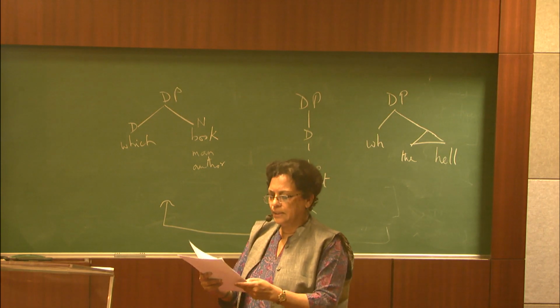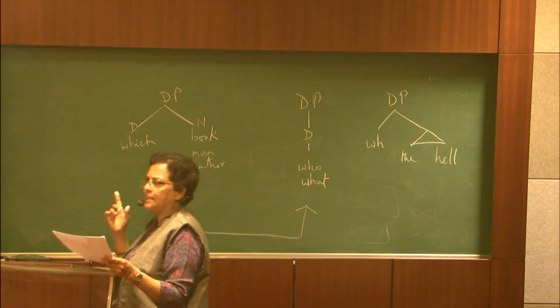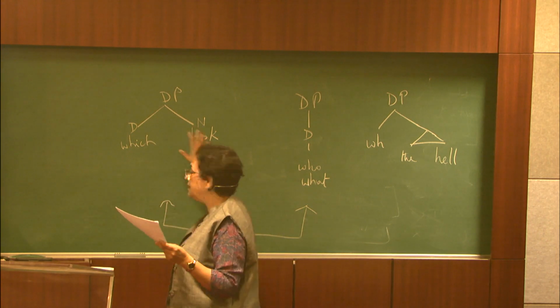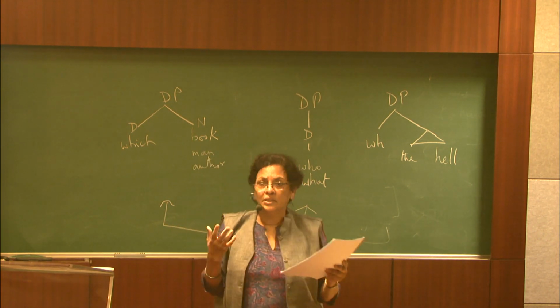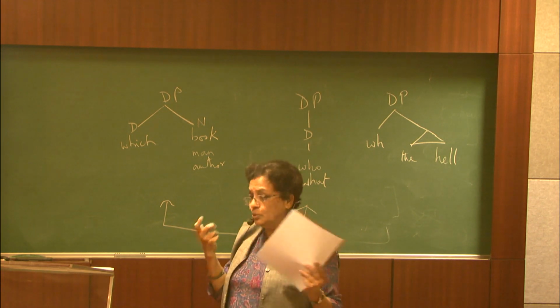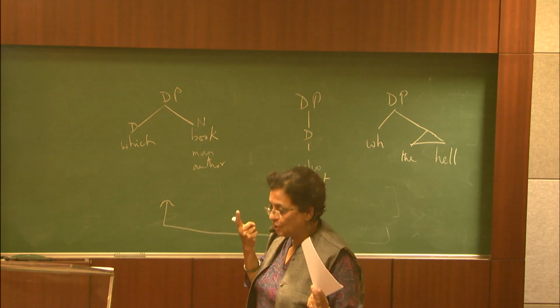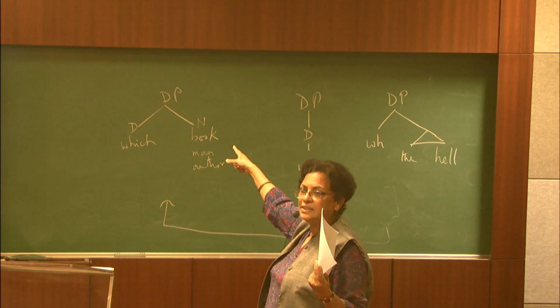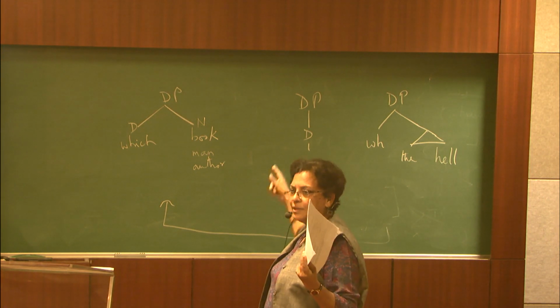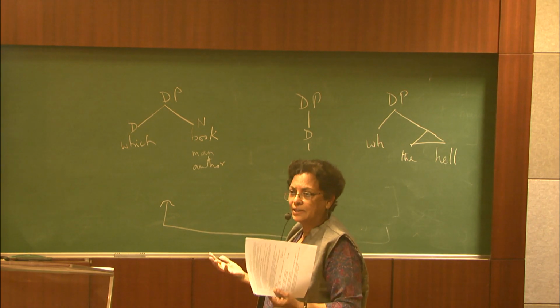But here is the basic idea: these are definite in some sense, these are not definite. And you'll see this in the literature. In fact, the literature on Sluice, Chung et al., in their paper actually use the idea that this is definite and this is indefinite to account for certain facts. Okay?